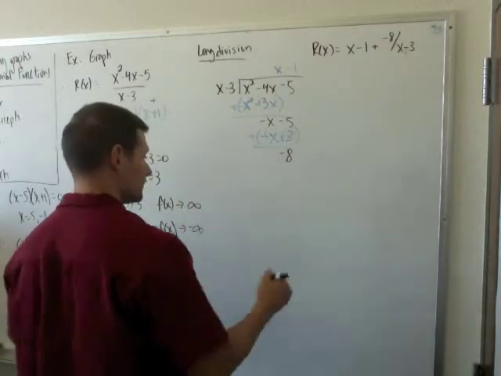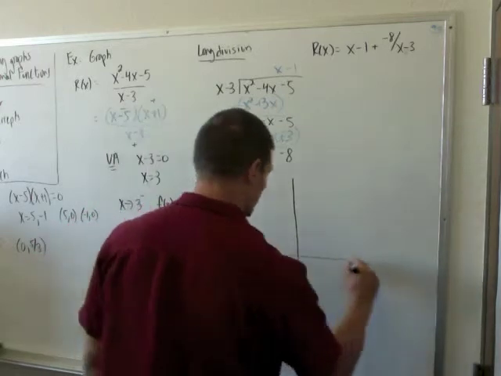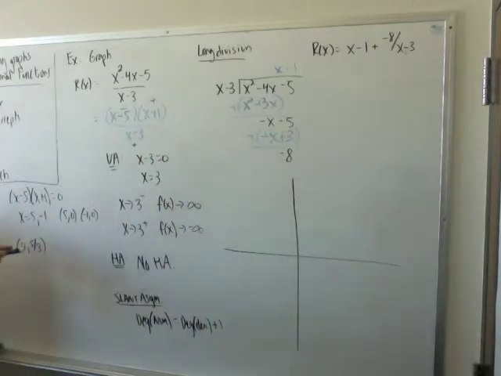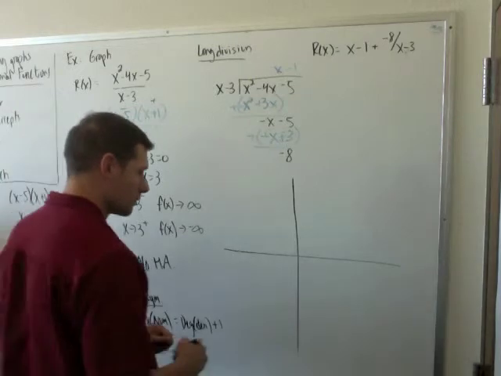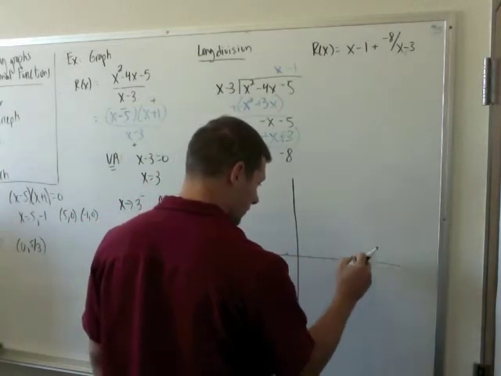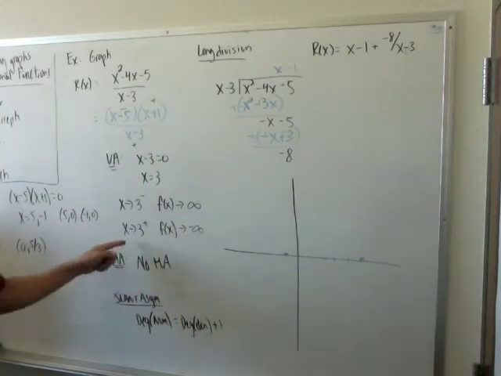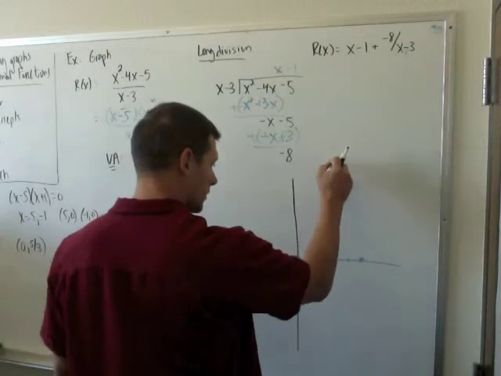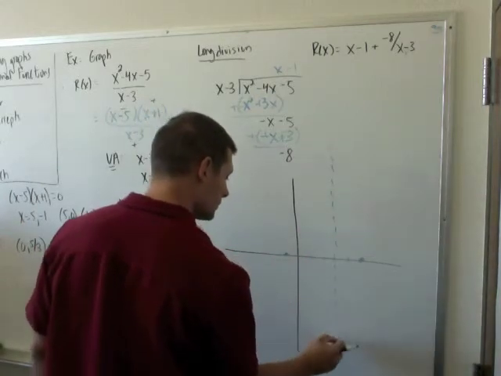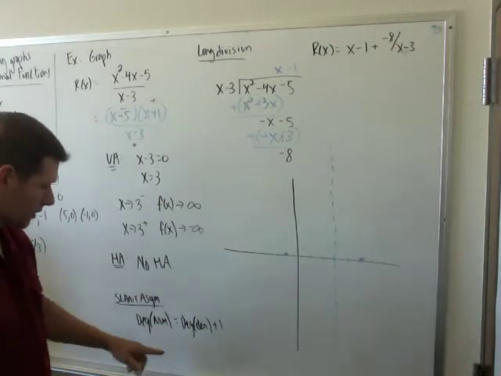This function is really that function. Now, let's put all this together. My points are 5, 0 and negative 1, 0. I know I have a vertical asymptote at 3. I have a slant asymptote.